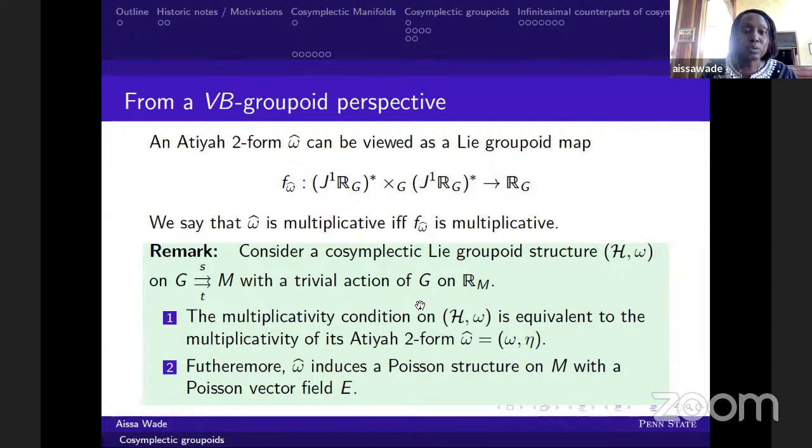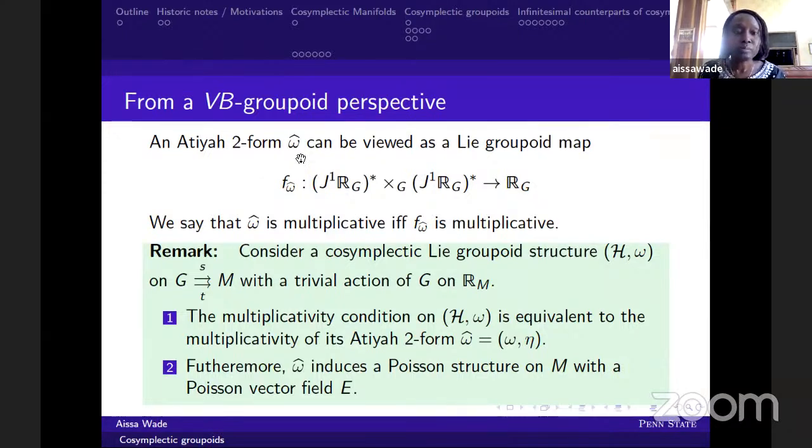Now I need, in order to explain how we can prove the one-to-one correspondence between cosymplectic groupoids and their infinitesimal counterparts in terms of Atiyah algebroids, I need to define what I mean by a multiplicative Atiyah two form.